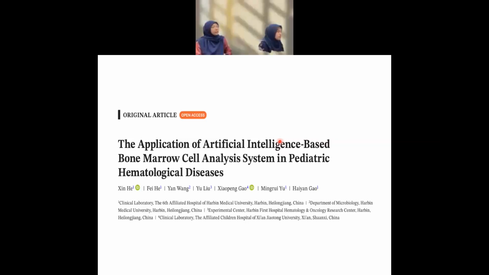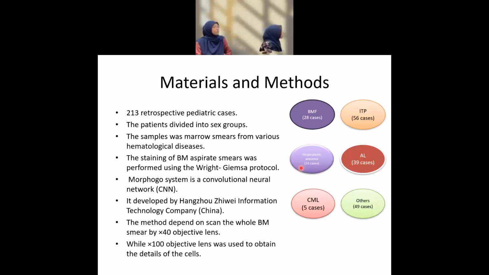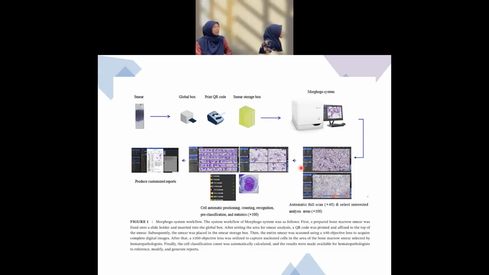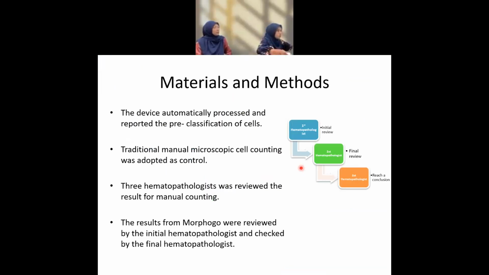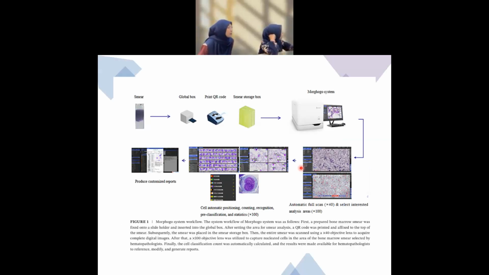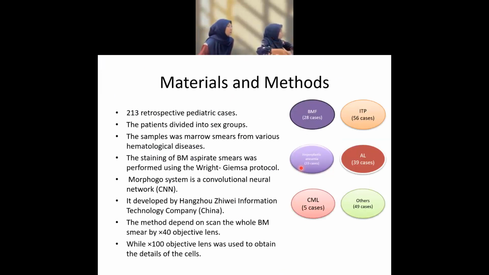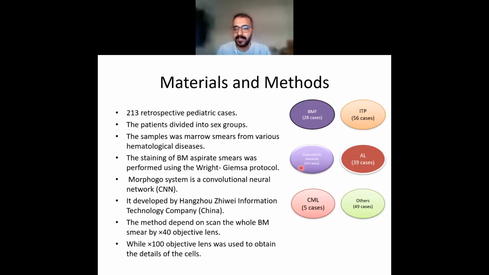Husam, can you go to the second or third slide? Here, before this figure. So these 28 cases, are they 28 patients or just 28 images? 28 patients.